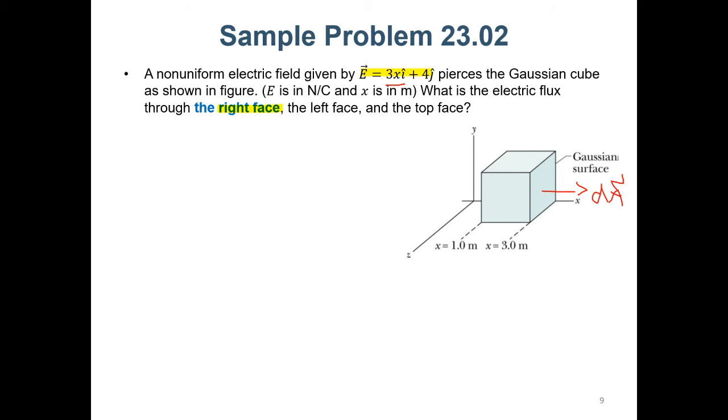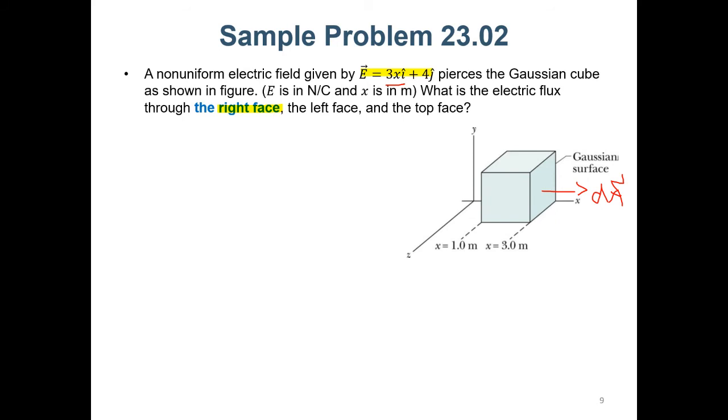So if you know this, then for example, if you have a vector A, which is something like 3i plus 4j, and you have a B, which would be maybe 5j plus 6k.